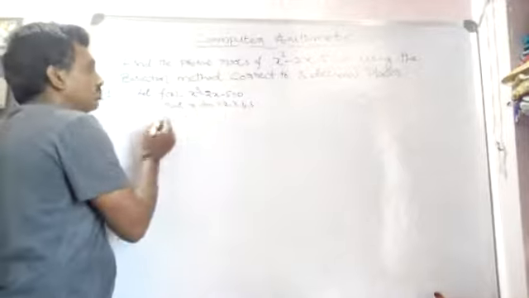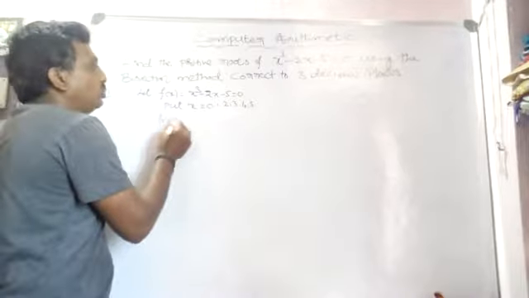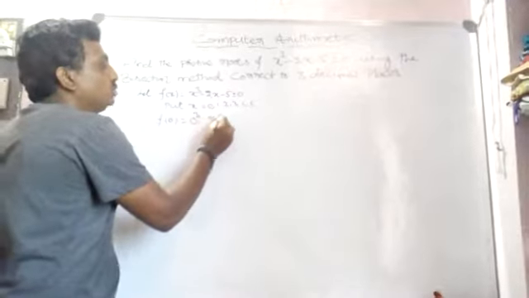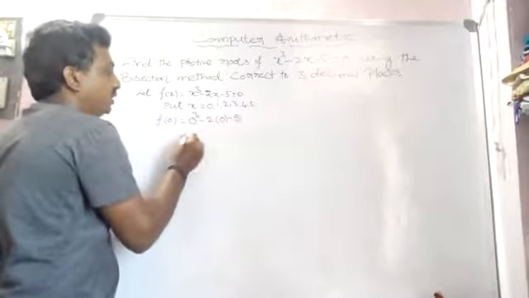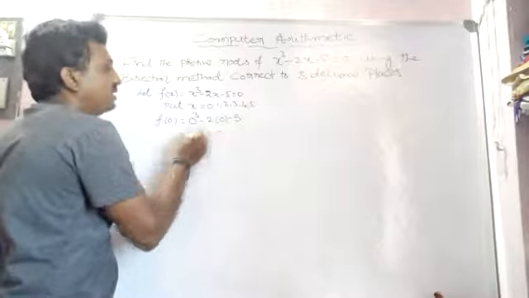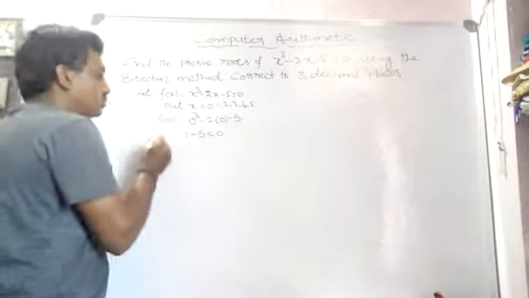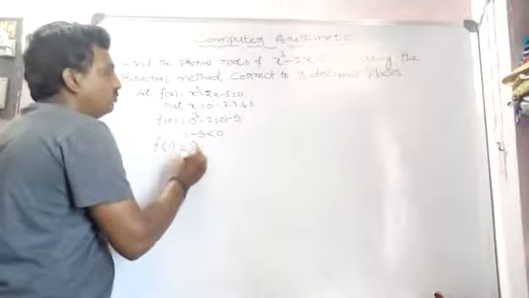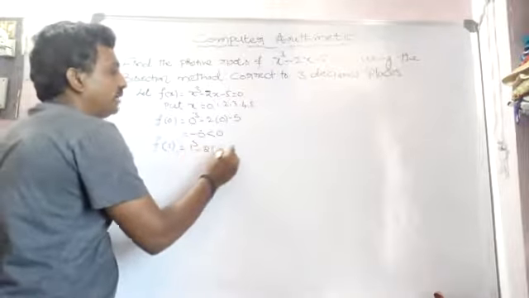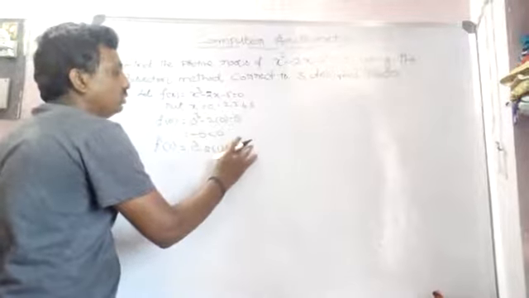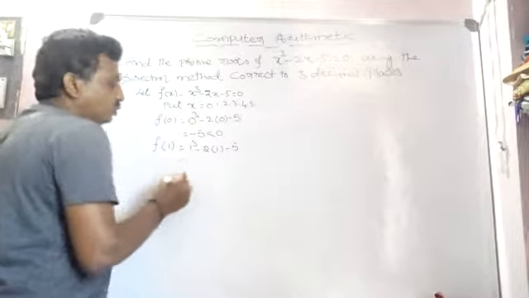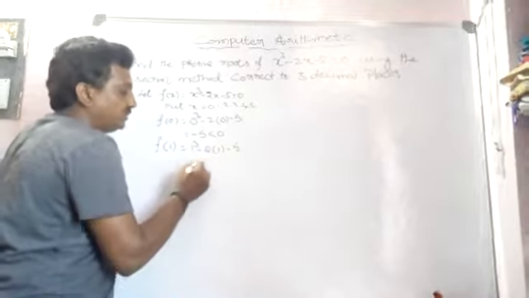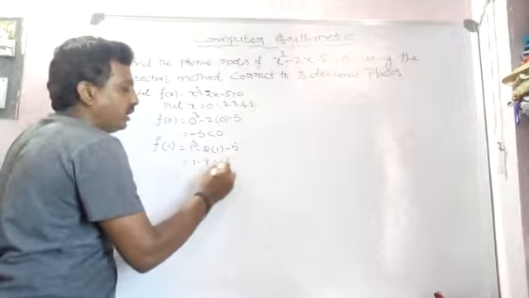Observe this. f of 0 equals 0 cube minus 2 into 0 minus 5, that equals minus 5. It is less than 0. Next, substitute x is 1: 1 cube minus 2 into 1 minus 5 equals 1 minus 2 minus 5, total minus 6.